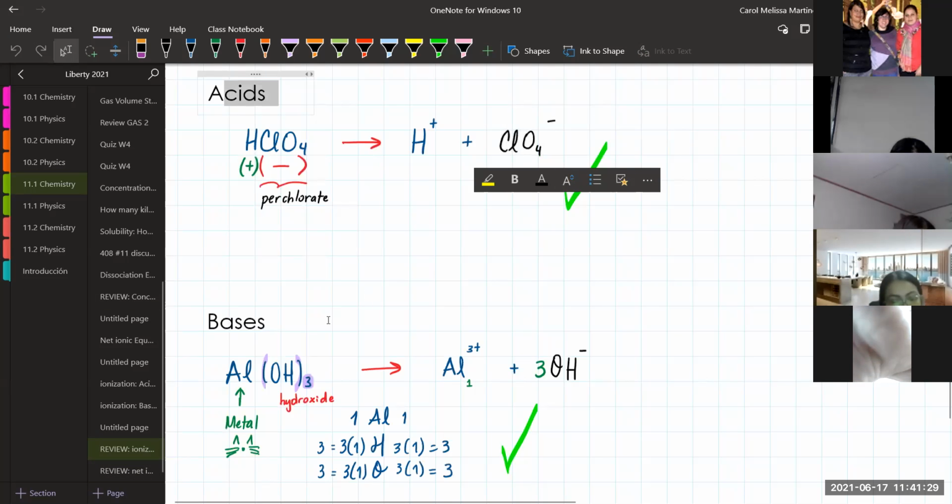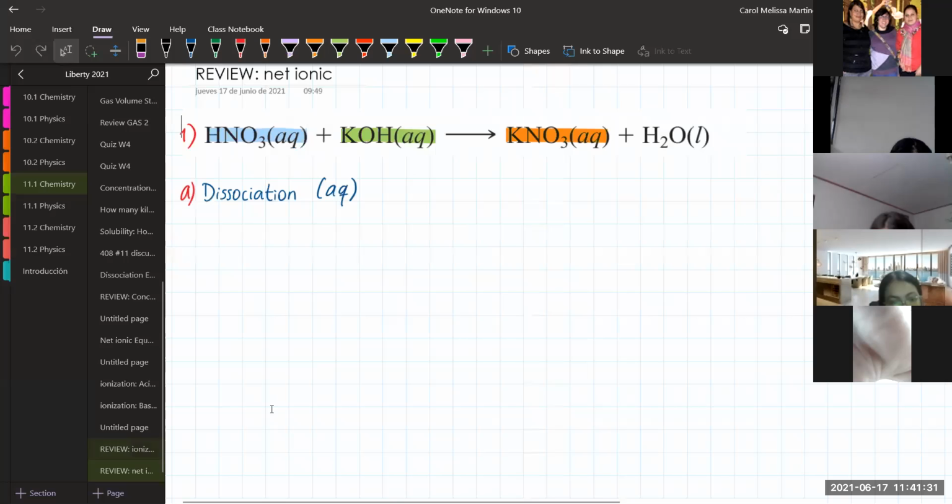So, we're going to apply the same process in the net ionic equation. We have HNO3. Its dissociation will be hydrogen plus ions, and this part of the acid, that is the anion, that anion is NO3.